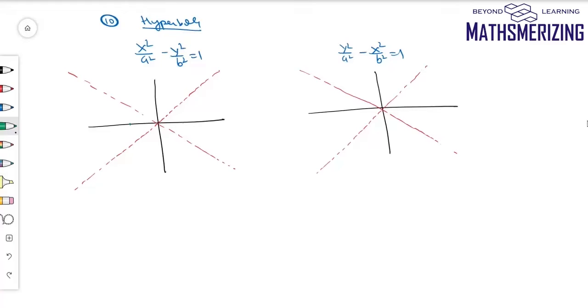And then we'll mark these 2 points, a comma 0 and minus a comma 0. We will draw the two branches of the hyperbola. Similarly, for the second one, we'll mark the points on the y-axis and then we'll draw two branches, up and down.